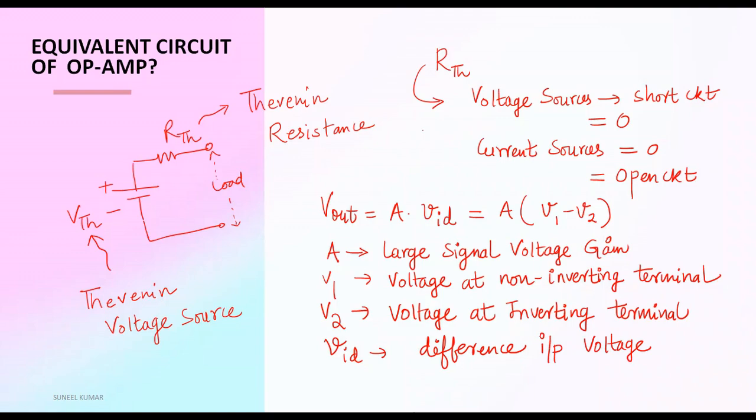Is that clear? So now we are moving forward to discuss how we can make the equivalent circuit of an ideal op-amp. We have seen the characteristics of an ideal op-amp.